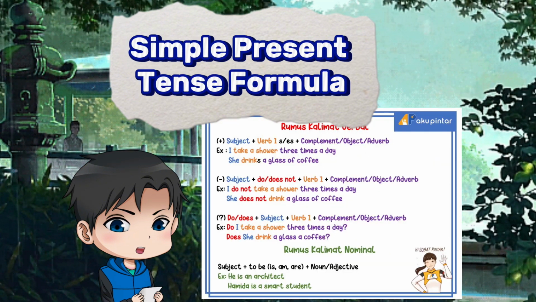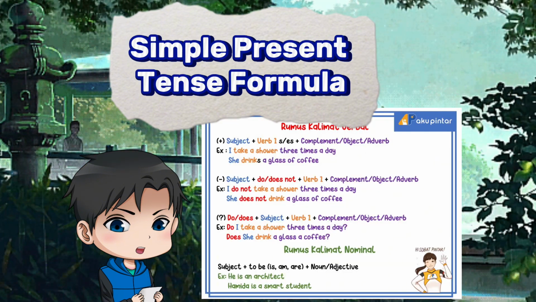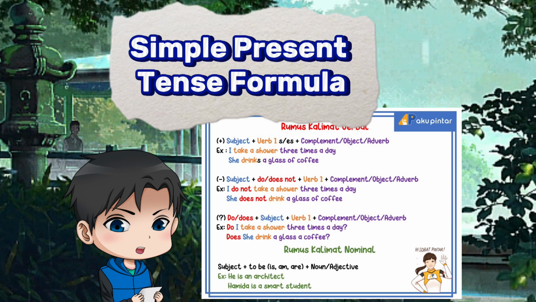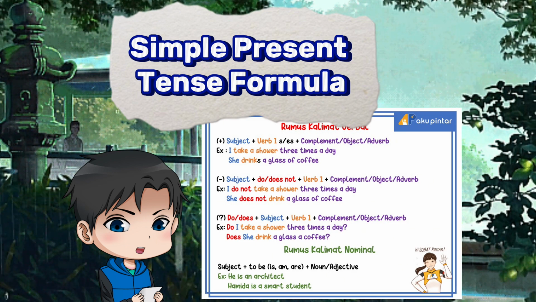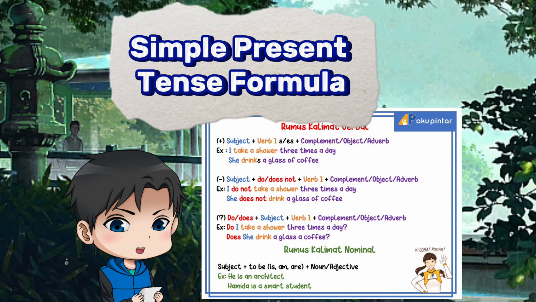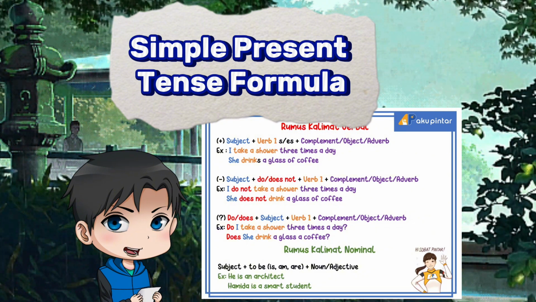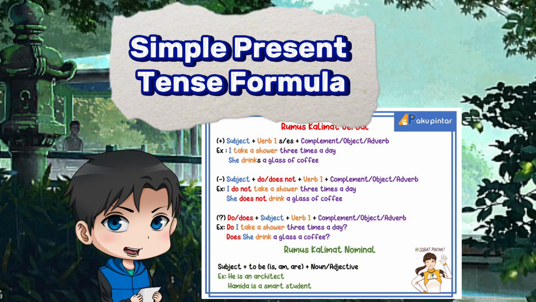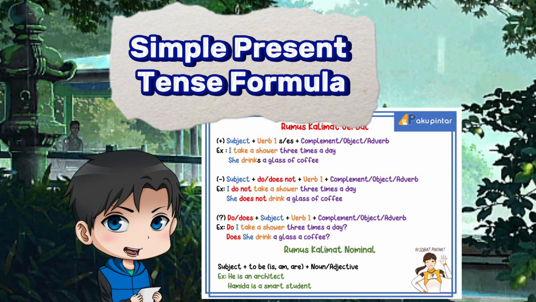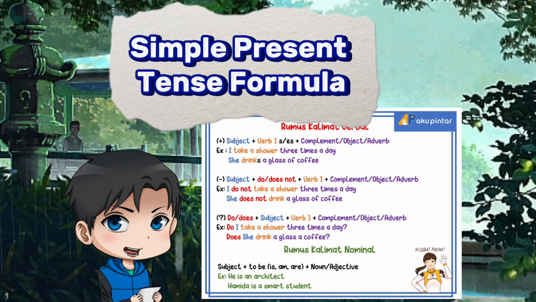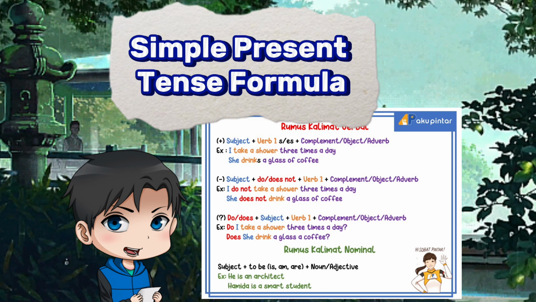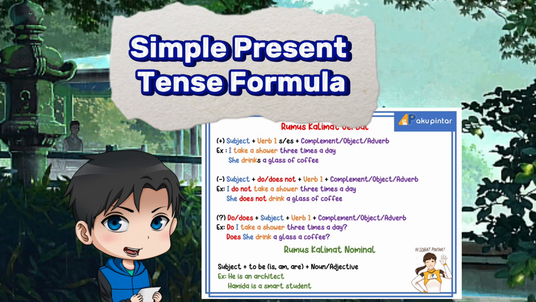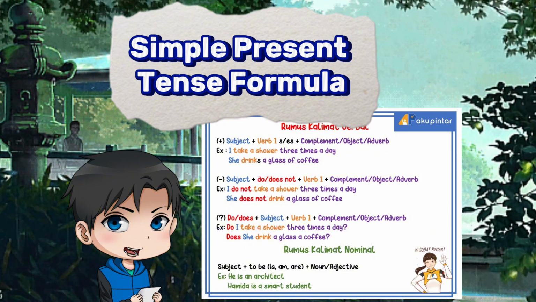The formula for forming present tense sentences is according to the sentence pattern. If the sentence pattern is verbal, then we are usually required to use the basic form of the verb or verb 1, especially for third-person pronouns she, he, it. What is used is subject plus verb 1.